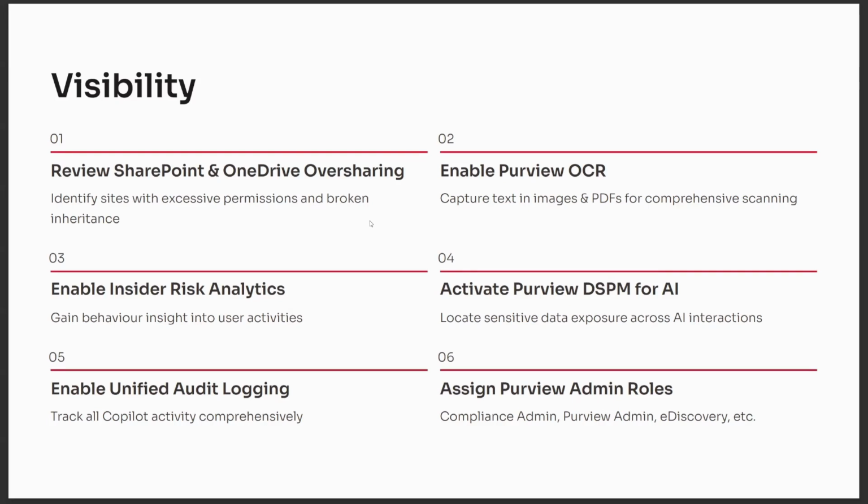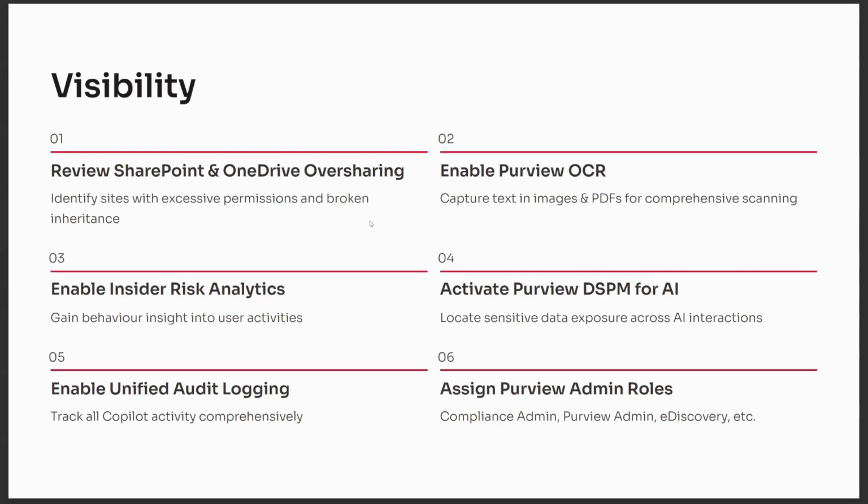And the Purview Data Security Posture Management for AI, this is one of the most important areas that you need to make sure you have enabled. Before you do all of this, you need to also make sure that you have the right permissions. You need to make sure you are a compliance administrator, and you have the e-discovery administrator permission or the e-discovery manager permission.